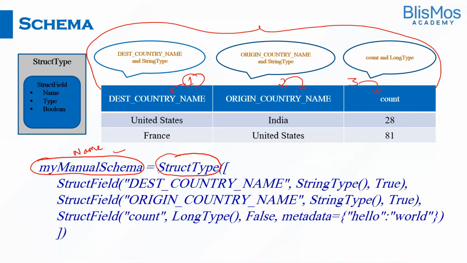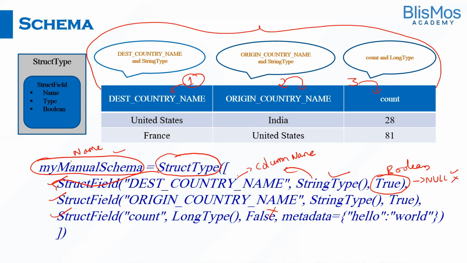Within struct type we have struct fields as well, 1, 2 and 3. Within struct field we have a name, and this is the data type of this particular column, and this is a boolean. What is this boolean doing here? Any thoughts? So this boolean represents whether this particular column can hold null values or not. True means it can hold null values, false means it cannot hold null values.